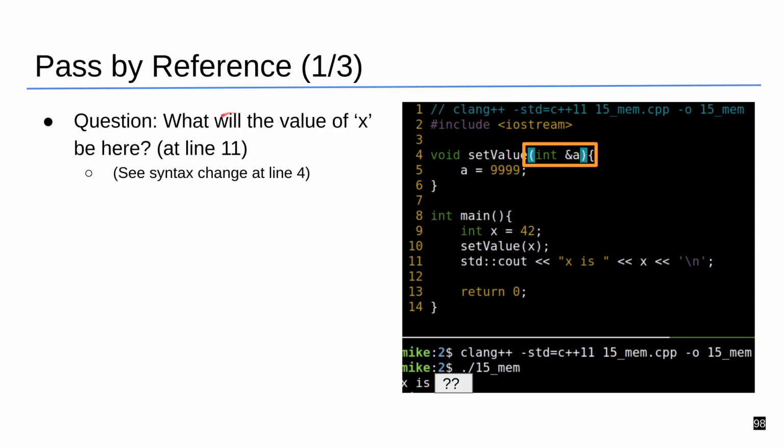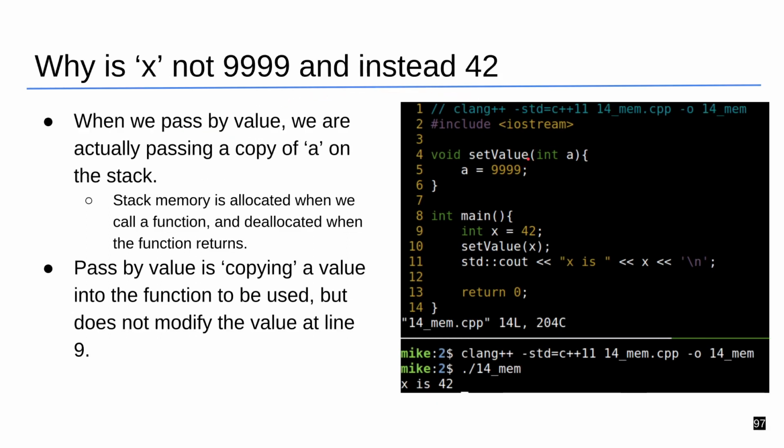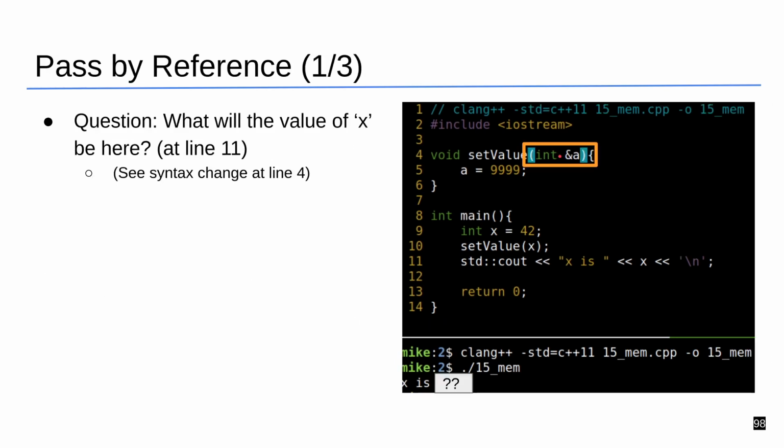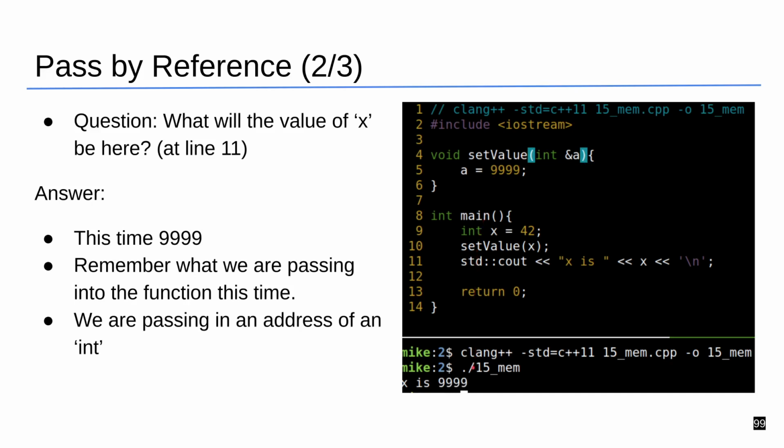So instead, in C++, something that we can do is, well, we can do the same thing as we did in C where we made this a pointer, but in C++, what's new is we can actually pass in by reference by putting in the ampersand here in our function signature, and it will pass the address of where X lives here and manipulate that. Okay, so now if we run this, X is now 99999.